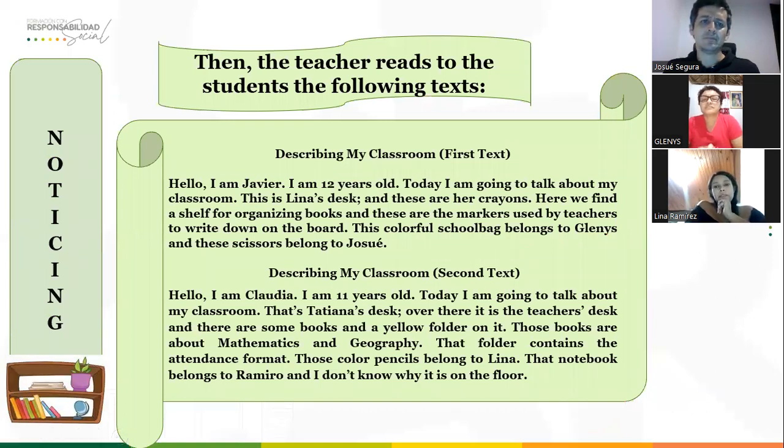In the first moment, we are going to look at the noticing phase. Now the teacher will read to the students two texts related to objects in the classroom and with demonstratives and determiners.